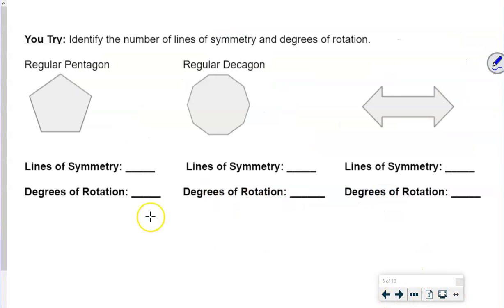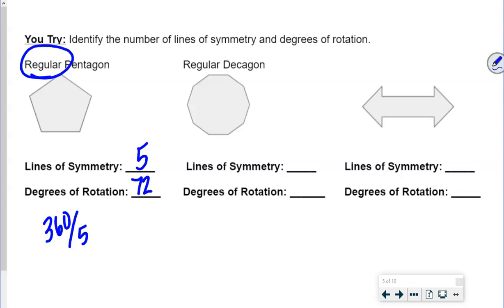So let's see if you can do these 3, and then come back to me when you're done. Here again, it's a regular pentagon. Because it says regular, we know that the lines of symmetry are going to be 5, right? What are we going to do for the degrees? We're going to take 360 divided by 5, and that's going to give us 72 degrees. Again, regular decagon.